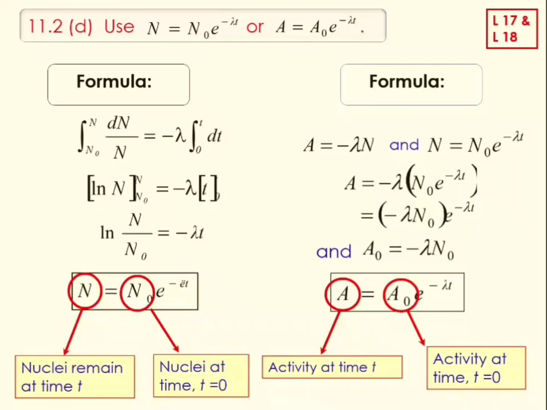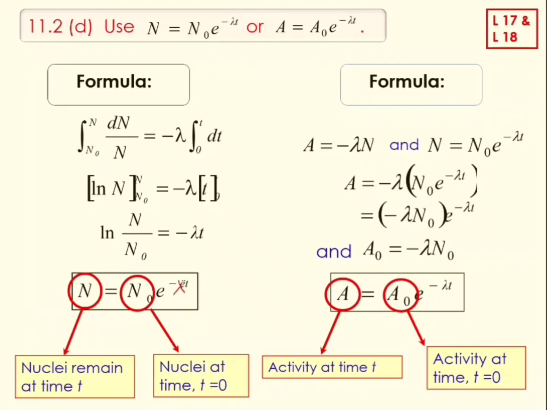From there, we get N equal to N naught exponent negative lambda t. N is the number of nuclei remaining at time t, and N naught is the number of nuclei when t is 0.